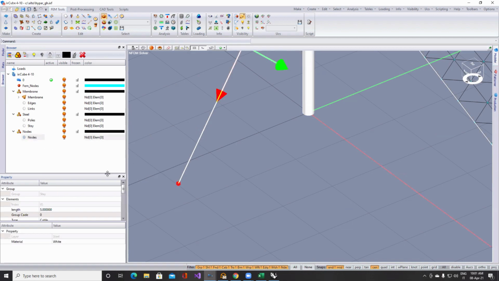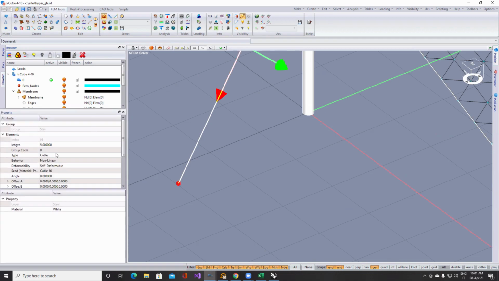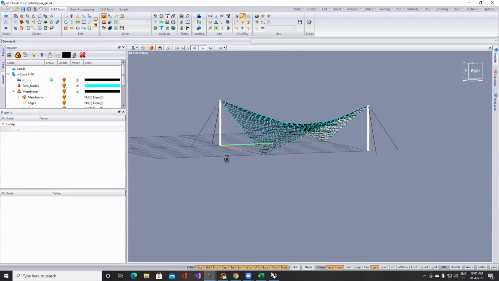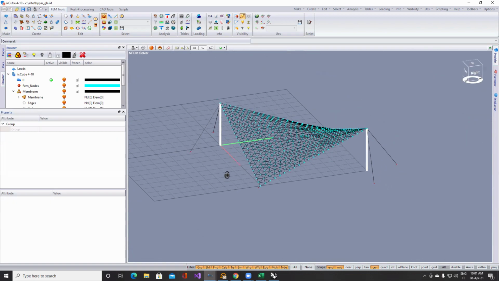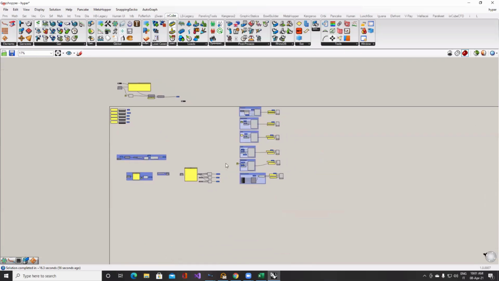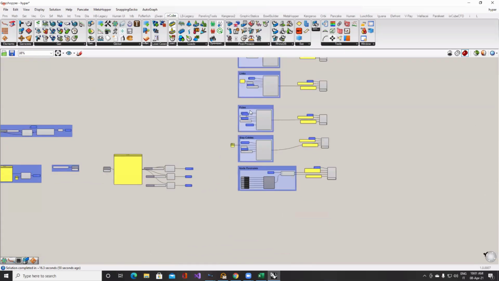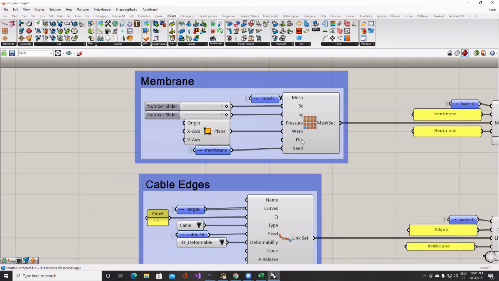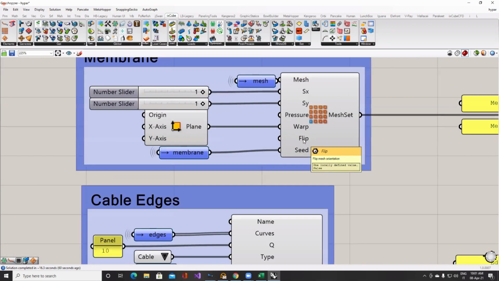If I select this stay edge cable, we see that it's a cable, it's non-linear, it's stiff, deformable, and so on. So if I have done everything correctly, one thing that I want to fix, if I go back here into the mesh set, you see that we have a Boolean flag here, flip.